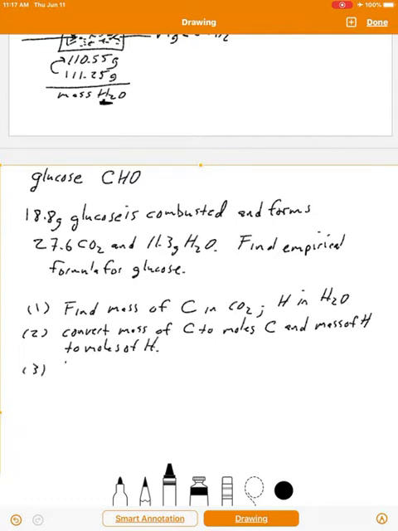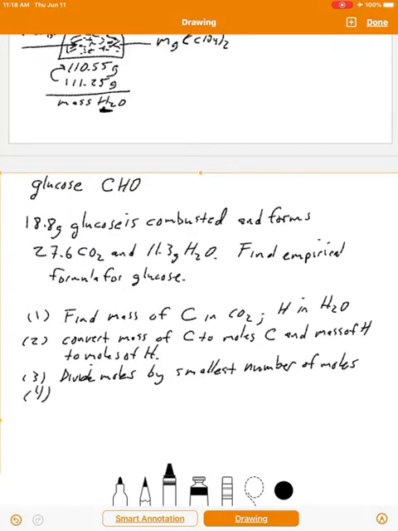Third step, divide the moles by the smallest number of moles. And then step 4, round to whole numbers. And that gives us our empirical formula. Stepwise, 4 steps right there. There is one complication that can occur, but we won't consider that initially.